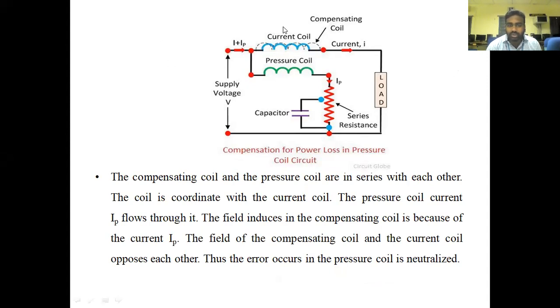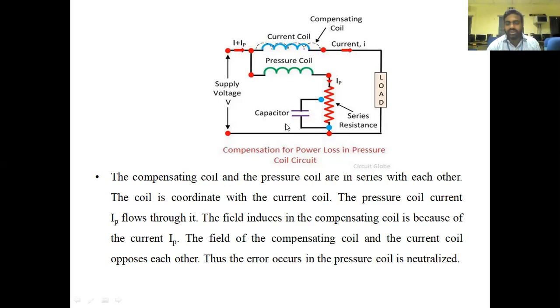Okay, so this means the pressure coil will carry the current of I suffix p. And the compensating coil will carry the current of I suffix p plus I.